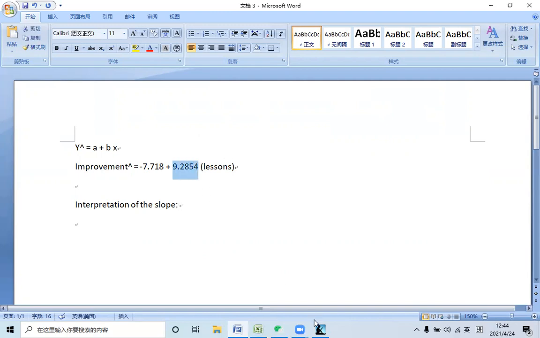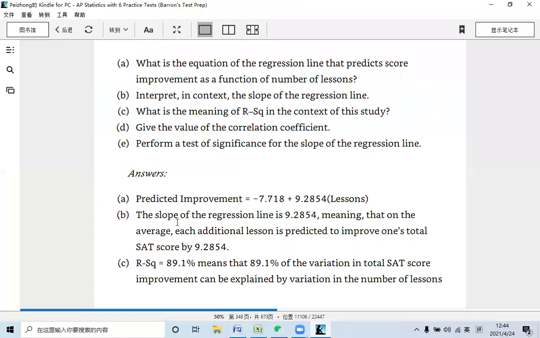This is the slope. The slope of the regression line is 9.28. That means on the average, each additional lesson is predicted to improve your total score by 9.2 units. That's the meaning of the slope.